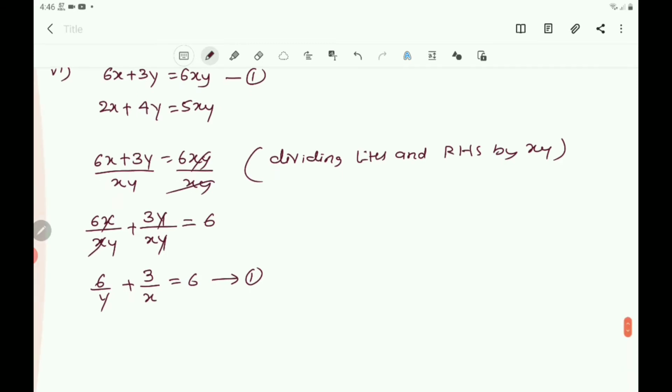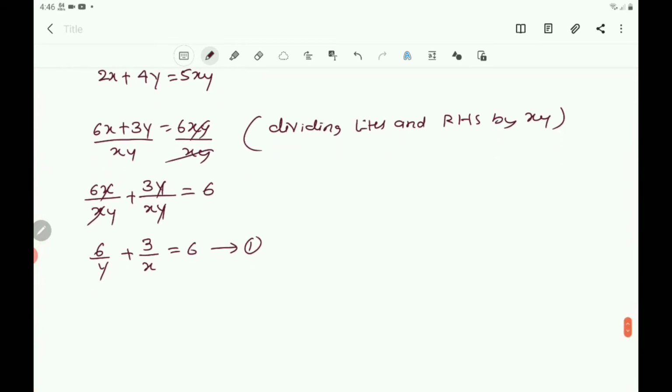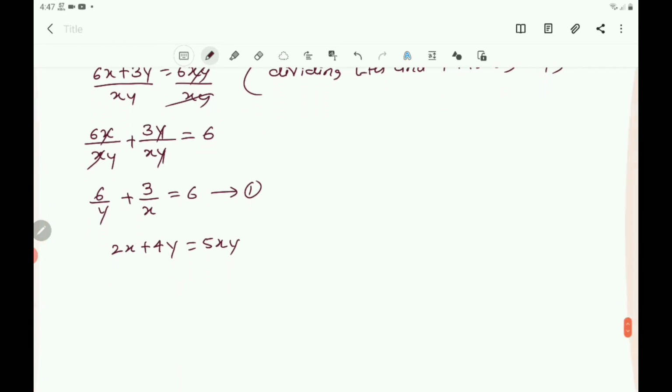Now you take the second one, 2x plus 4y equals 5xy. Here also you divide both LHS and RHS by xy.